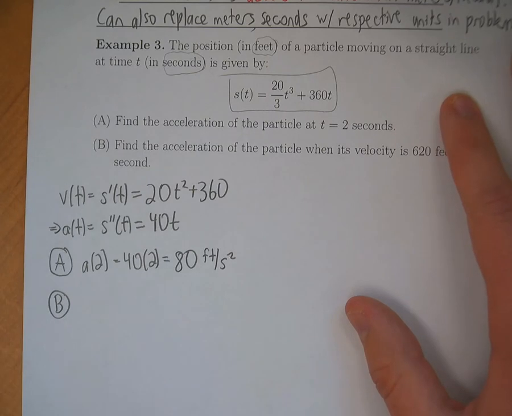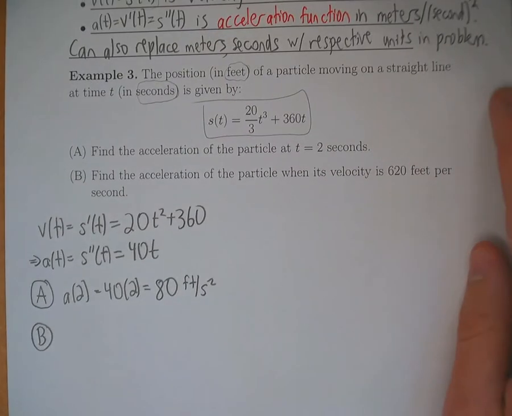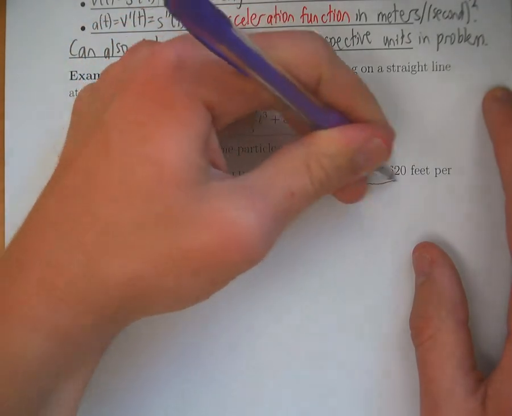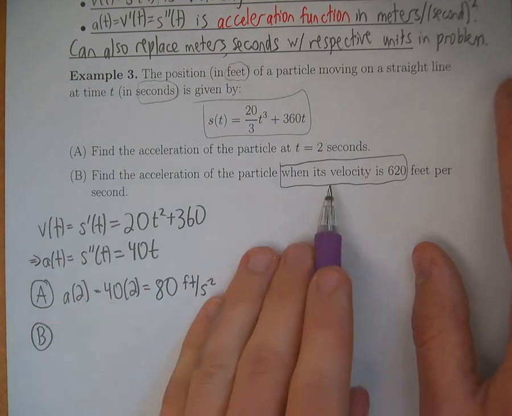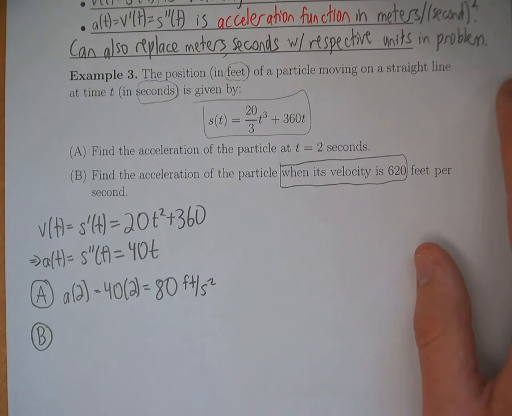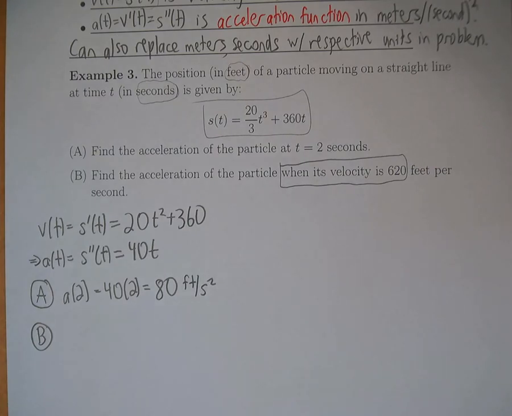All right? So now we're asked to find the acceleration of the particle when its velocity is 620 feet per second. So if that's the case, we should probably figure out when the velocity is 620 feet per second first. So it seems like we need to take our good old velocity function and then do what with it?